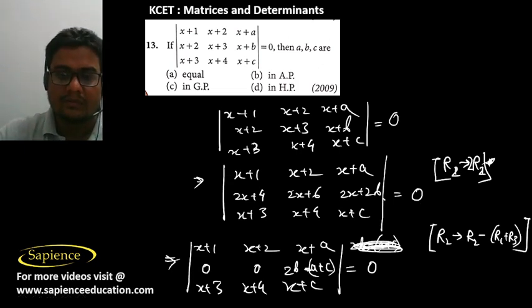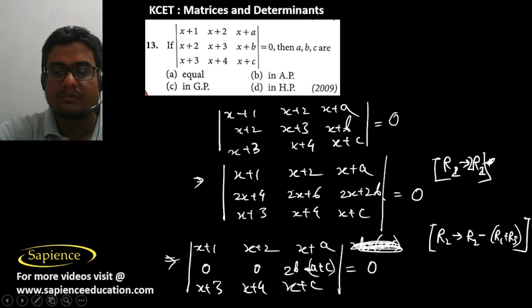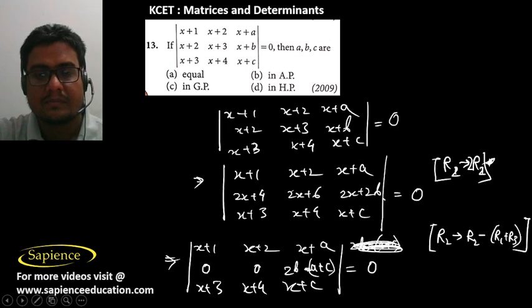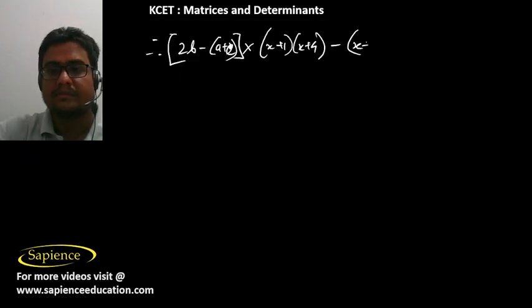So we have to remove the second row and the third column, so then we will have x plus 1 into x plus 4 minus x plus 2 into x plus 3.